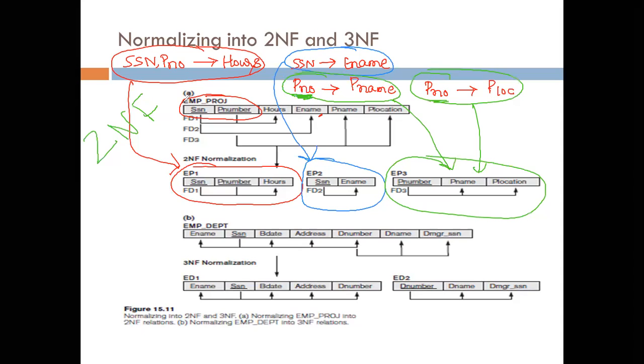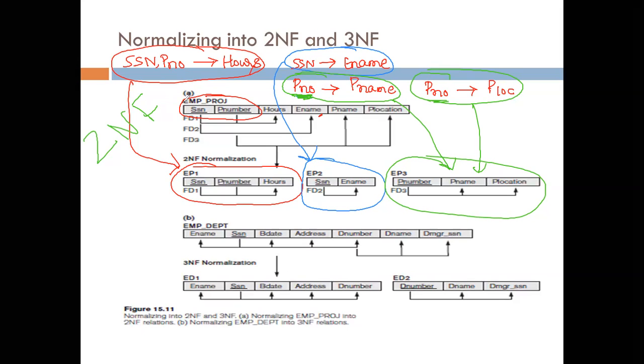So the second normal form is based on the primary key of a table. If a table has only one attribute as a primary key, then it is already in second normal form. The need for applying second normal form arises only when a table has more than one attribute as a primary key.